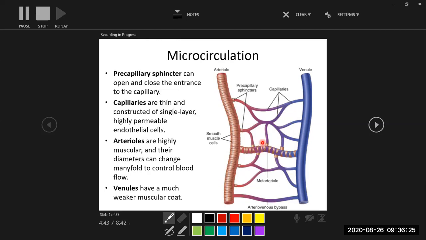So different tasks will activate different regions of the brain, and we will have an increased amount of blood flow to that local area.